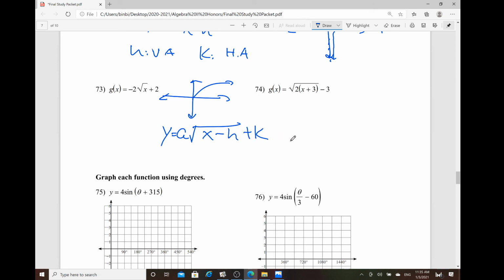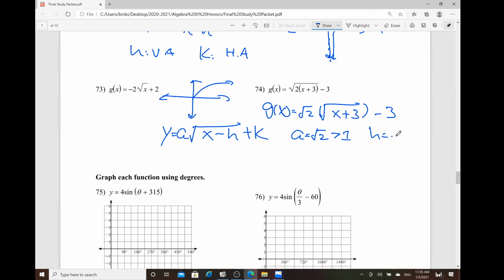So people might be wondering, what about the 2 right next to the quantity? Well, we can always put it out. This one can be written as g of x equals root 2 times square root of x plus 3, minus 3. So that means the value of a is root 2, greater than 1, so that means a vertical stretch.